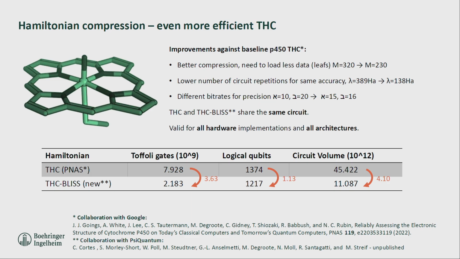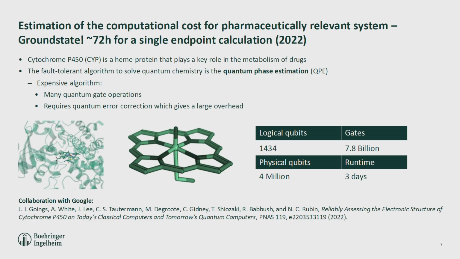But because it is too long, we went out over the last 2 years and employed different methods to see, okay, can we improve on this estimate? To give some context about how these methods come to be, they rely on something called tensor hypercontraction.